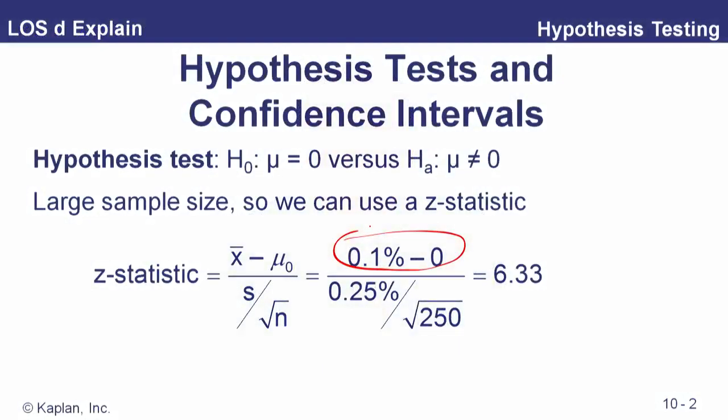Now, is that far enough away to reject the null that mu equals 0? Well, that depends on the distribution. So we measure how many standard errors are we from 0, and it turns out we're a long way from 0. We're 6.33 standard errors away from 0. So that's way out in the positive tail.